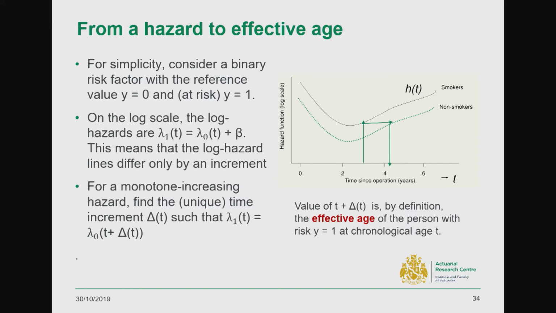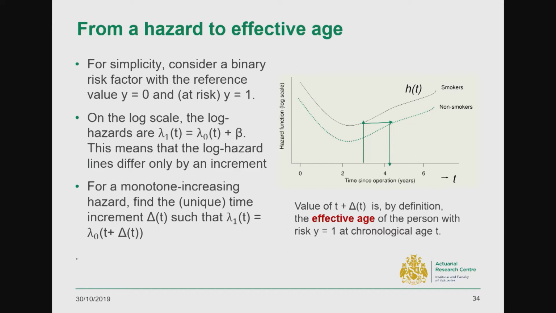For instance, here this is non-smokers at level 0 and smokers at level 1. So you can see 2 hazard lines on the log hazard scale. And they only differ by a constant, which is the effect of smoking. Otherwise, they're parallel.